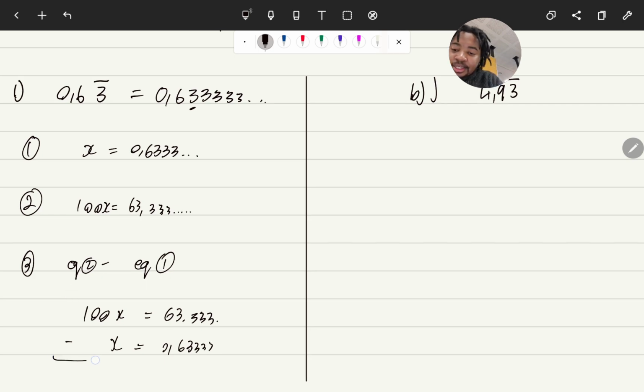You realize that once we do our subtraction, we're still going to have decimal numbers. Do you see it? We are still going to have decimal numbers.